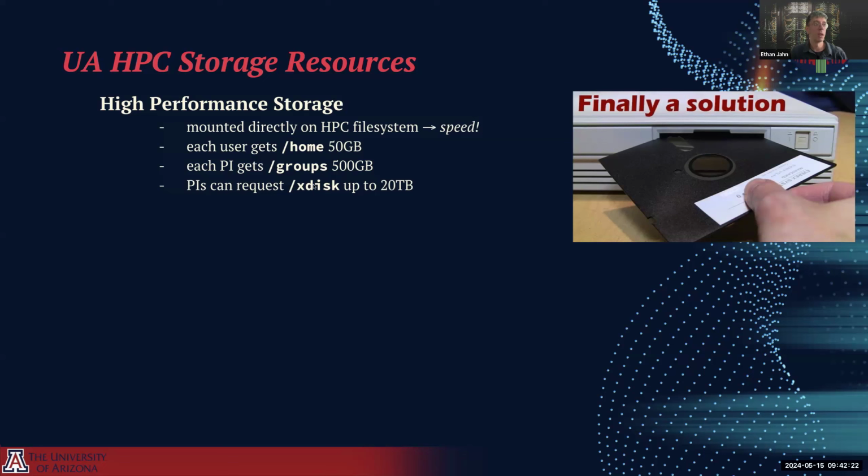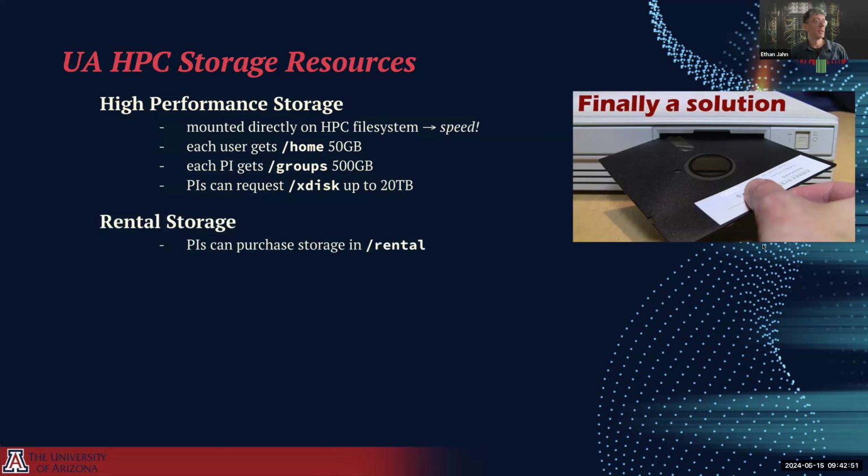And while home and groups are persistent, meaning that they never go away, X disk does have a time limit of 300 days, meaning that you need to be aware of backing up your files elsewhere if you need to save them as the time comes to the expiration date. So that's just something to be aware of, and you'll get a million emails about that. So just pay attention and you hopefully won't lose any data.